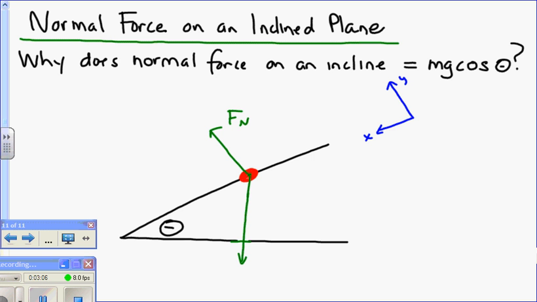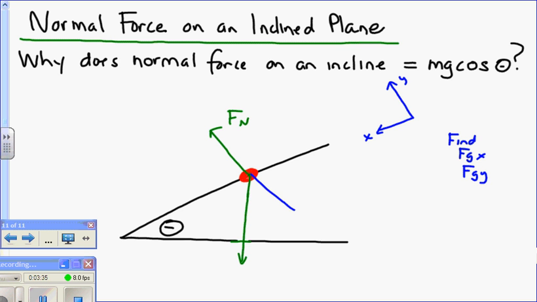And so if I look at my positive y direction, and I'm trying to find the x and y components of gravity, F_G_X and F_G_Y, I'm going to draw my gravity and draw a triangle here.